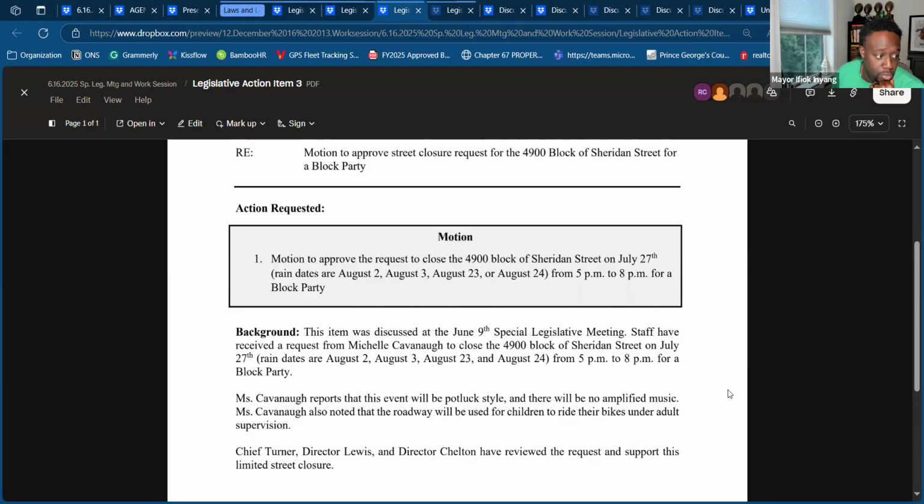Is there a motion to approve the request to close the 4900 block of Sheridan Street on July 27th, and also that includes rain dates of August 2nd, 3rd, 23rd, or 24th from 5 p.m. to 8 p.m. for their block party? So moved. Second. Motion by Councilmember Pho, second by Councilmember Kalan. Is there any discussion on this motion?